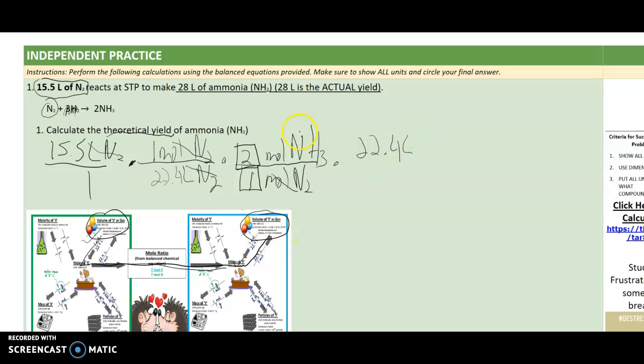Oh, of the thing I now have, NH3, over 1 mole of NH3. All right, if this part's proper, this and this should cancel. Yep, moles and moles. So now I'm going to do some math.